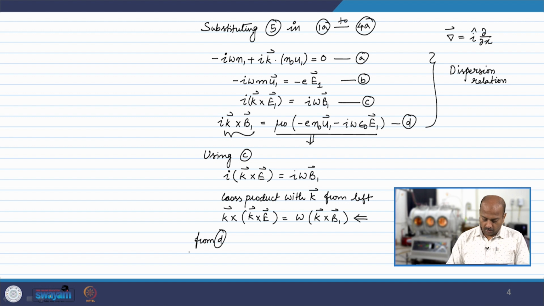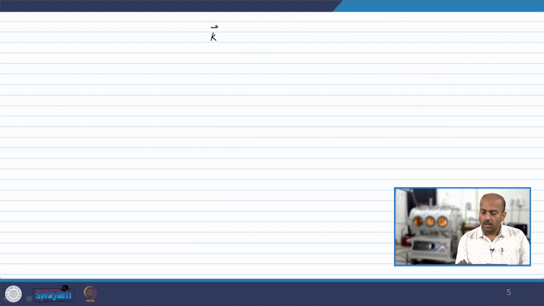So, we will be able to write k bar times k cross E1 is omega mu naught i times e n naught u1 plus i omega epsilon naught E1.